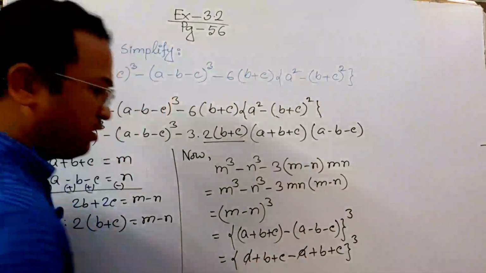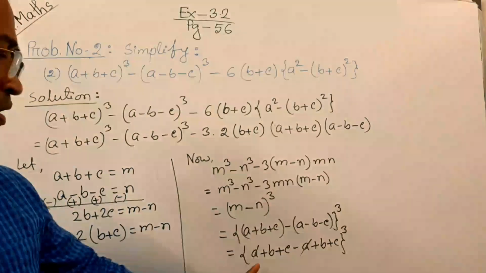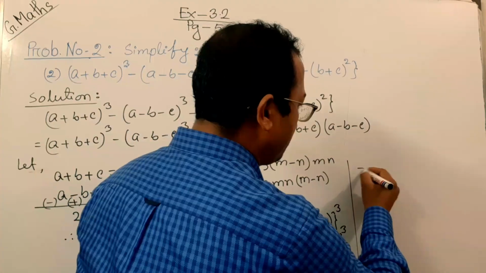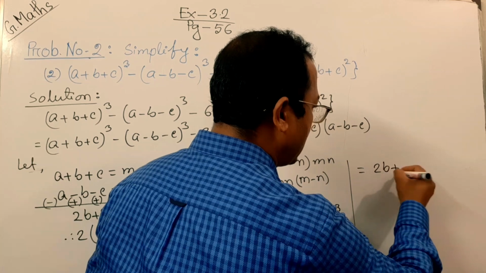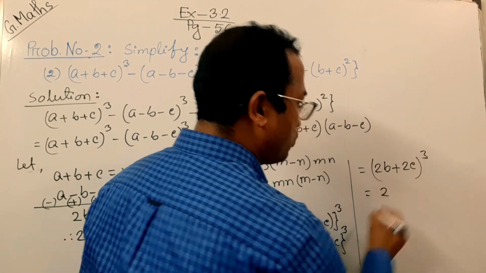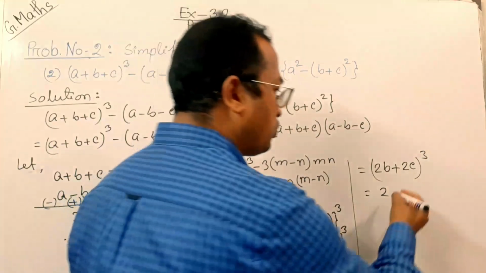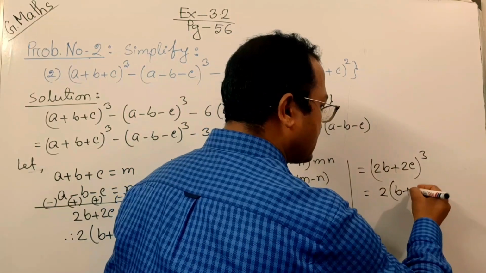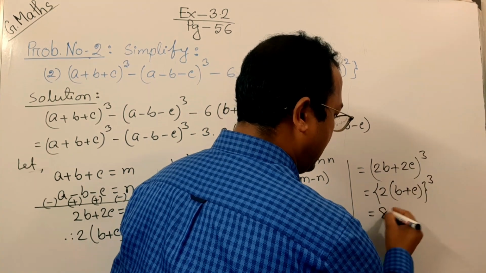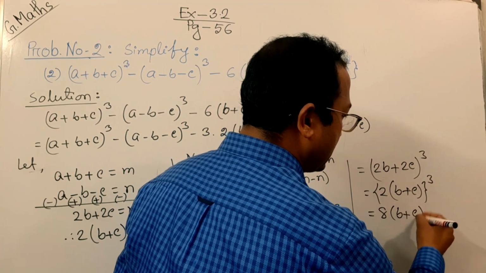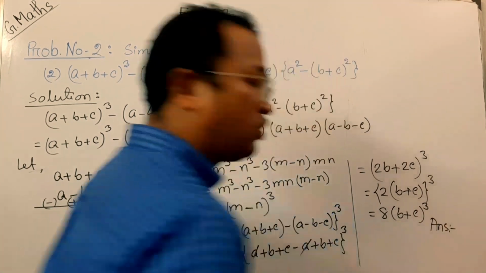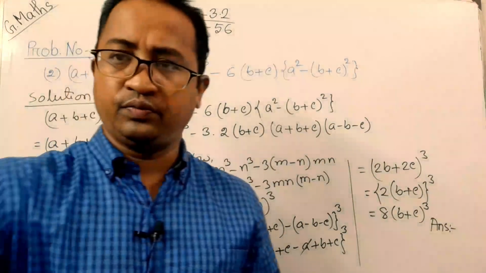Minus a plus a will be cancelled. Now it remains 2b, 2c. So it becomes (2b plus 2c) whole cube. If you take 2 common, it will be 2 into (b plus c) whole cube, that is 8(b plus c) whole cube. This is the simplified answer of question number 2.